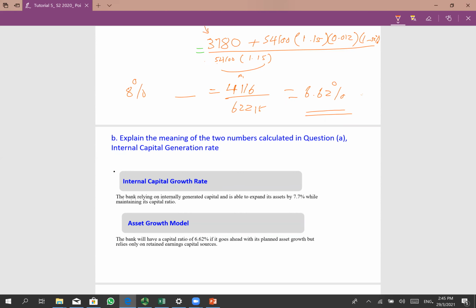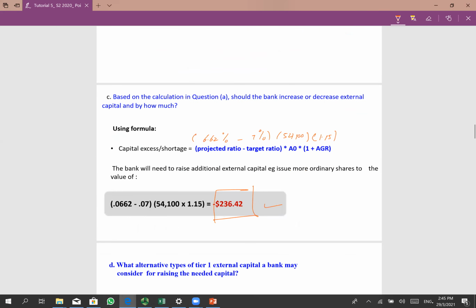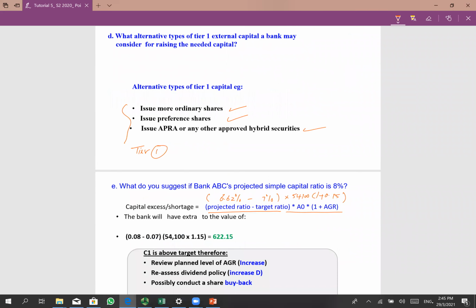If I want to get rid of this capital, I go for the calculation, because the question here said the same thing. The question said, what do you suggest if Bank ABC's projected capital ratio is 8%, which is higher than my target capital of 7%.